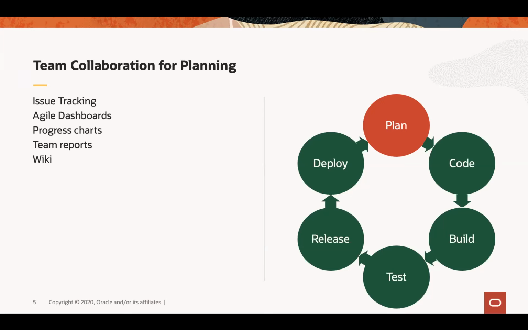Once you have all those issues in the system, you can then allocate them to Agile dashboards. We work with both Scrum and Kanban-based dashboards that you can use to manage your development process. And then you can manage your development sprint, tracking your sprints through a collection of charts and reports that help you verify that you're achieving your key performance indicators while you're developing in your team environment.